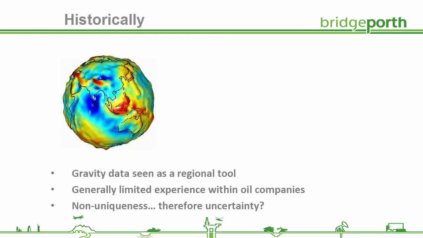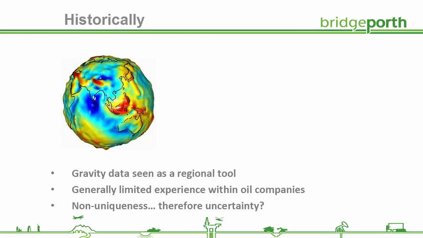With potential field data, there's always a question of non-uniqueness and therefore uncertainty. What I mean by that, in a very simple model, is that if you take two different geological scenarios, in this case a fault or an anticlinal feature, they can generate similar looking gravity responses.